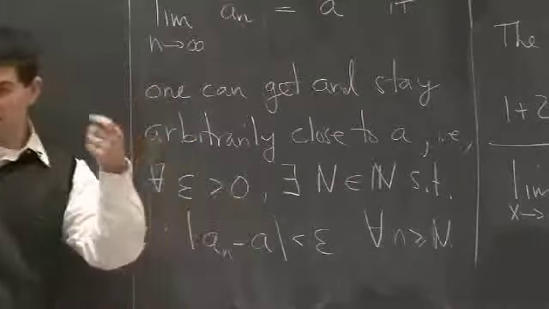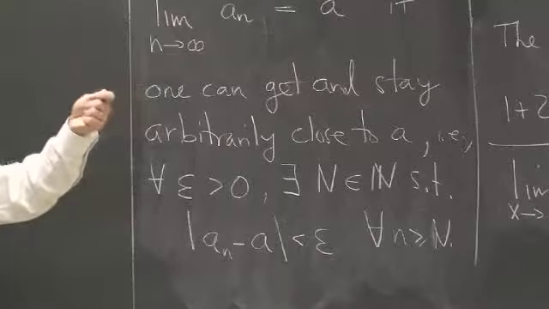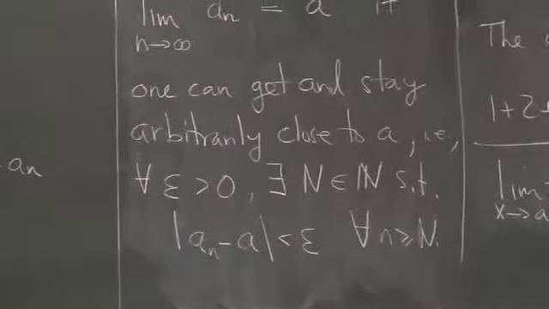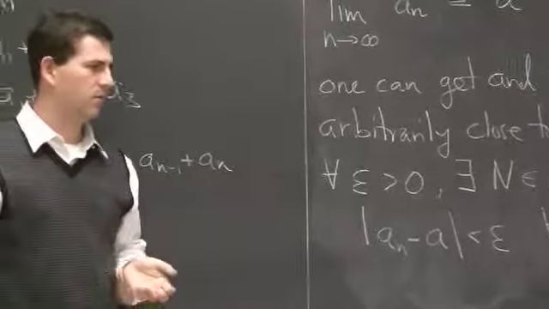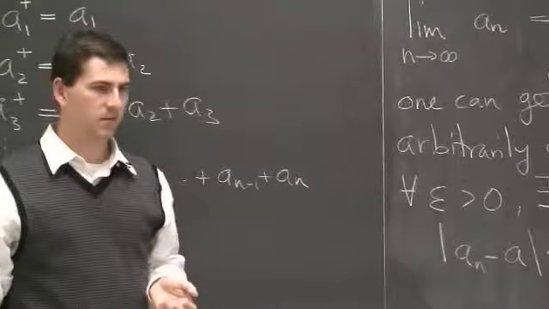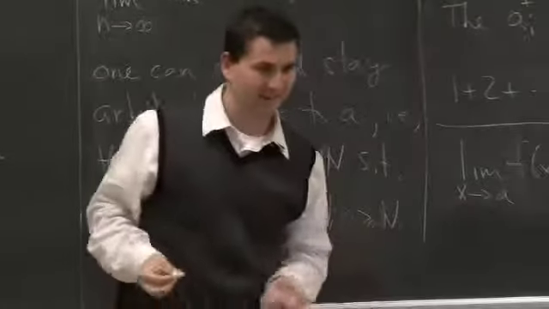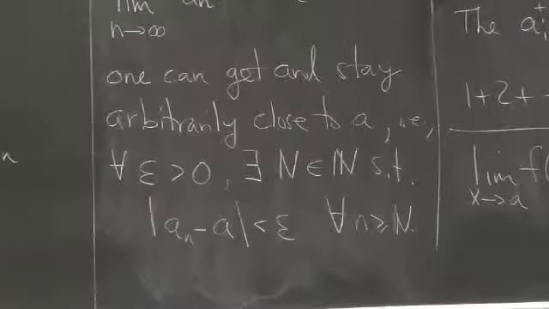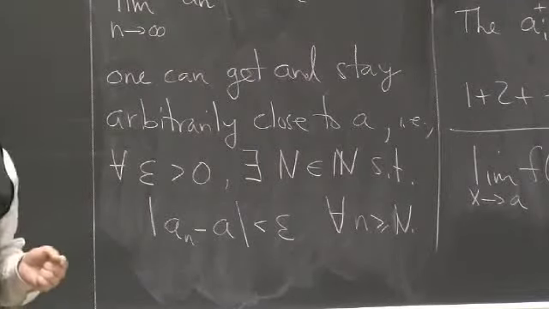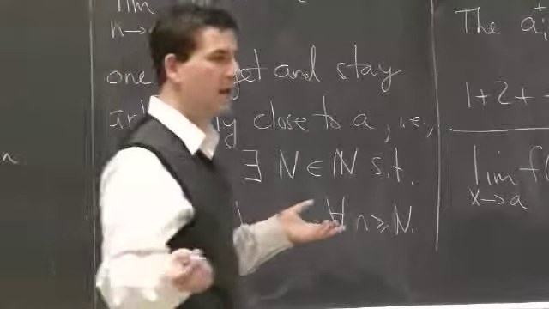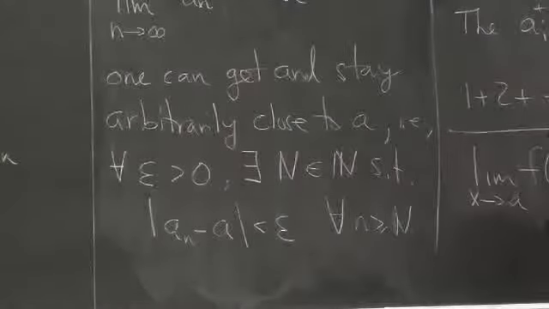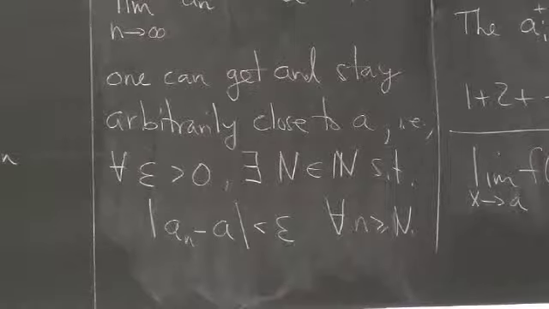If you ever want to know the distance between two numbers on the real number line, you just subtract them and take their absolute value. Why the absolute value? Yeah, we don't want distance to be negative. If I say, what's the distance between 1 and 3? 2. How did you do that? 3 minus 1.